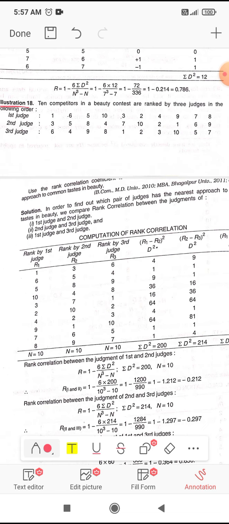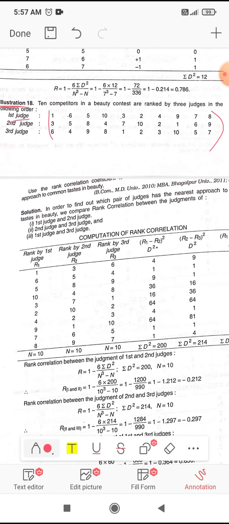The question is: 10 competitors in a beauty contest are ranked by 3 judges in the following order. The first judge ranked like that, the second judge ranked like that, and the third judge. So there are 3 judges ranking 10 competitors. The ranks will differ from judge 1 to 2, 1 to 3, and 3 to 1.